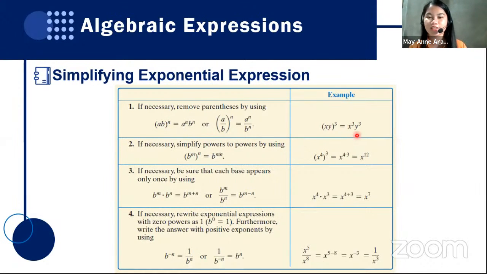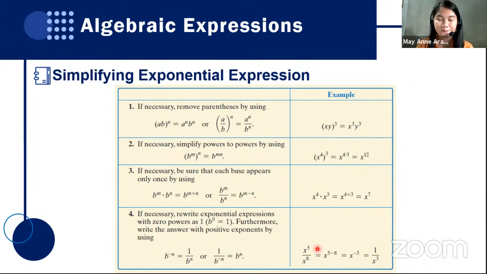For example, we have xy, so distribute the exponent, or the power. You have x cubed times y cubed. And if necessary, simplify powers to powers by using this: 4 times 3, you have 12. Those are the rules we discussed earlier. In simplifying expressions, apply all the rules from earlier if needed.